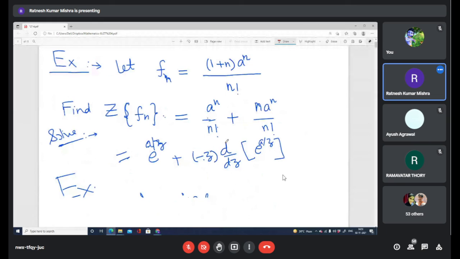So from 2 and 3, equating 2 and 3, both of the left hand sides are the same. So the right hand side of 2 and the right hand side of 3 are the same.